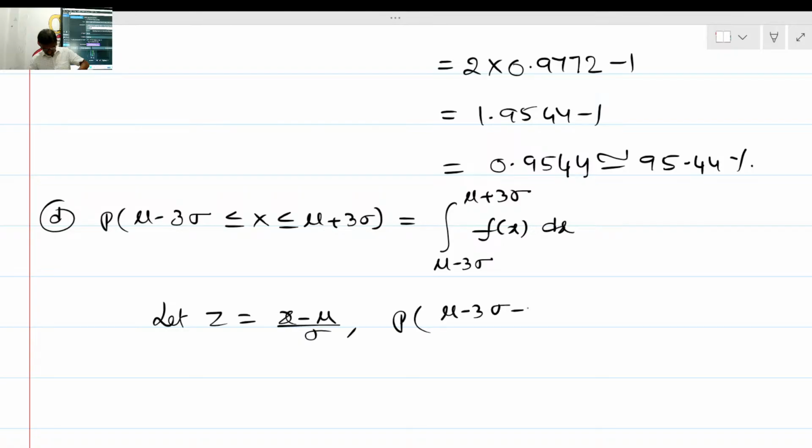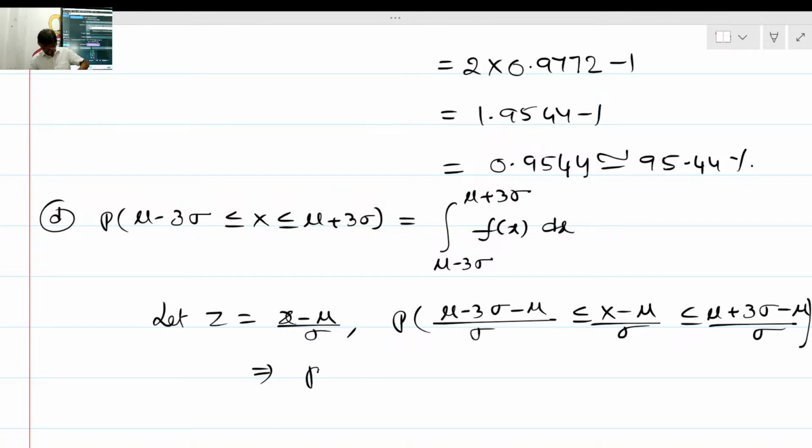Subtract mu and divide by sigma: mu minus 3 sigma minus mu by sigma, and mu plus 3 sigma minus mu by sigma. The mu terms cancel, so the probability is minus 3 less than or equal to z less than or equal to plus 3.